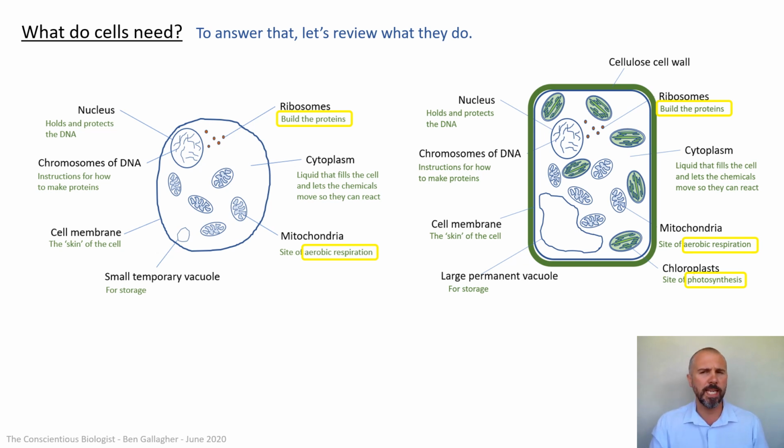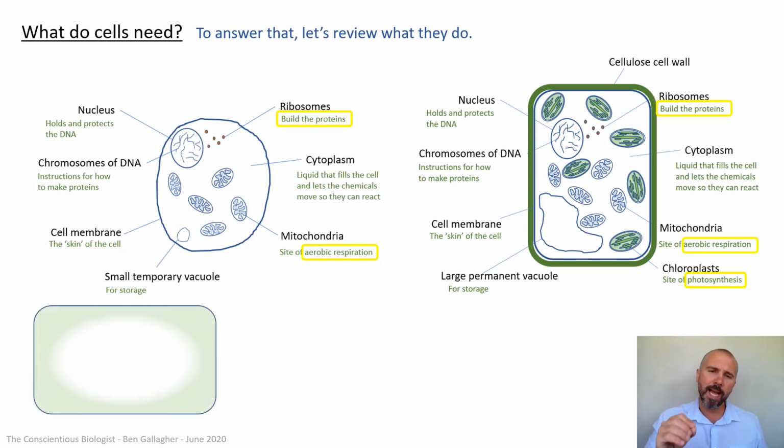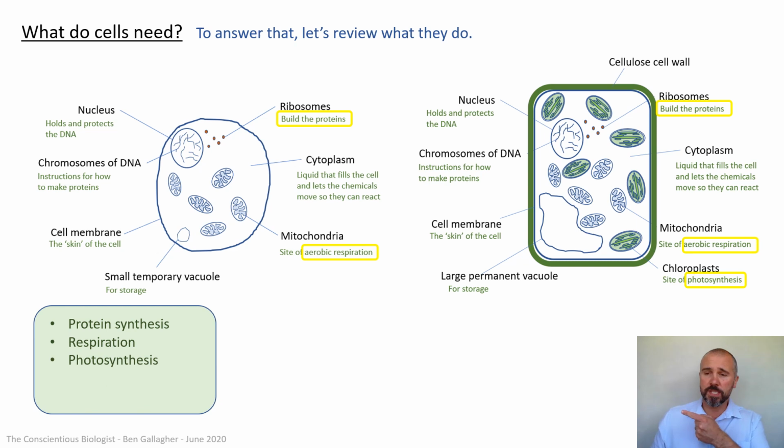So we've got some of those key things, but we'll add to that because there's some other stuff that we've covered within this unit. So we know we've got protein synthesis as probably the most important thing. We know we've got respiration, generally aerobic respiration, but remember these cells can do anaerobic respiration when there isn't enough oxygen. We've got photosynthesis, that's a key process that happens in plant cells. But think about some other really vital things that cells need to do if they're going to stay alive and continue making more cells.